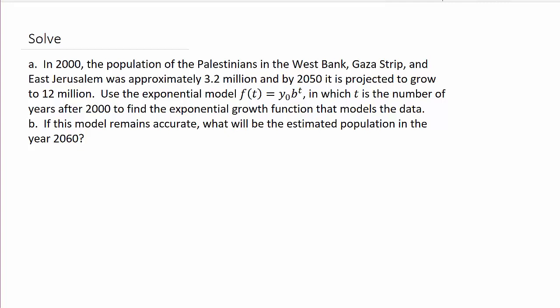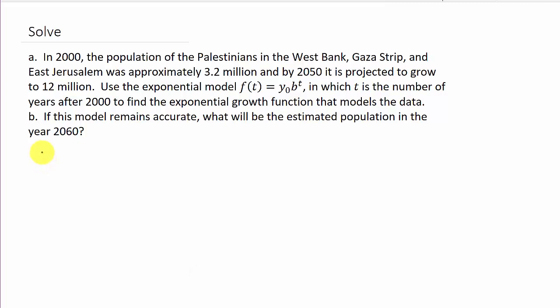Alright, so what it's telling us is that in the year 2000, the population was approximately 3.2 million. And in the year 2050, the population is projected to be 12 million.